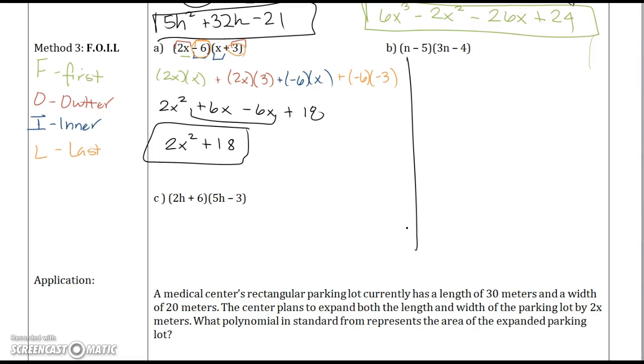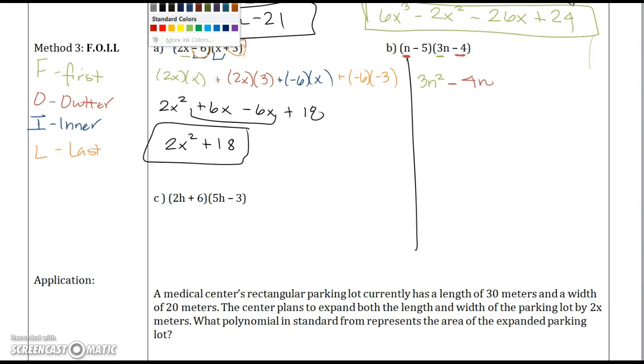Okay, so for the next one, same thing. Let's do the first terms first. My first terms are n times 3n, that's 3n squared. Outer: the outside terms here are the n and the -4. That's -4n.